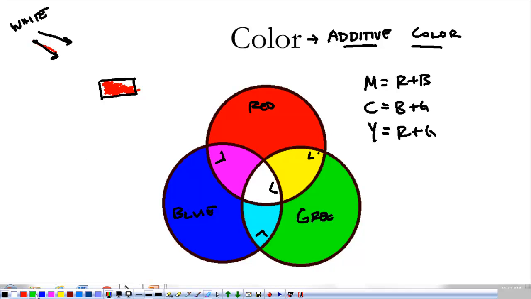Well, white light has all the primary colors on it. So it's shining red light onto my object. It's shining blue light onto my object. And it's shining green light onto my object. What it means to be red is that only red light is reflected.